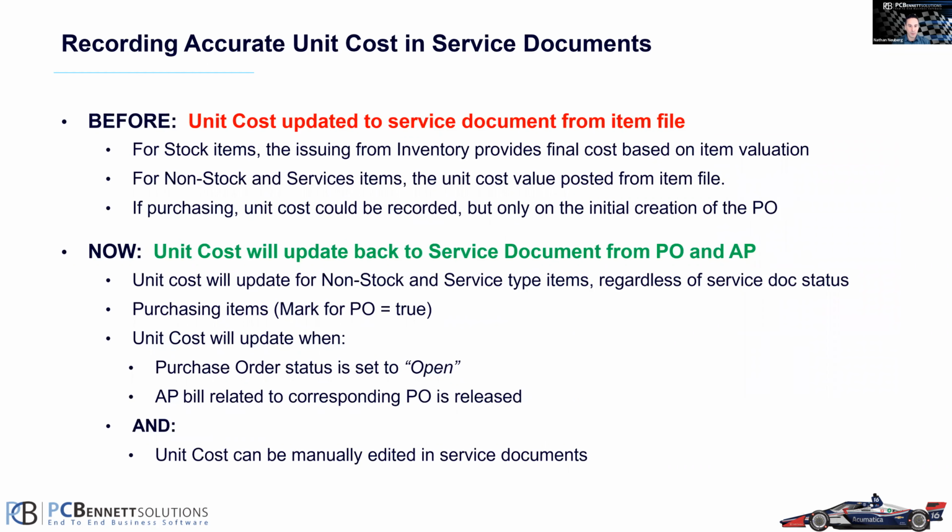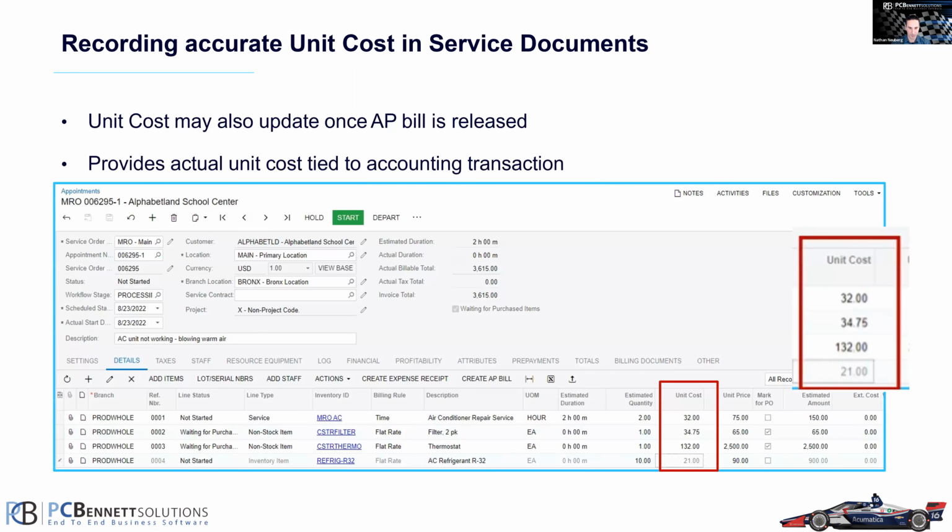We've added unit costs in the service documents and functionality for updating those costs when different events happen in the system. So it used to be that we could only add the unit costs at the time of the appointment. Those unit costs wouldn't necessarily carry over after the initial creation of the PO. If we receive the PO at a different cost or enter a bill, those costs don't necessarily update your service documents, but now they can.